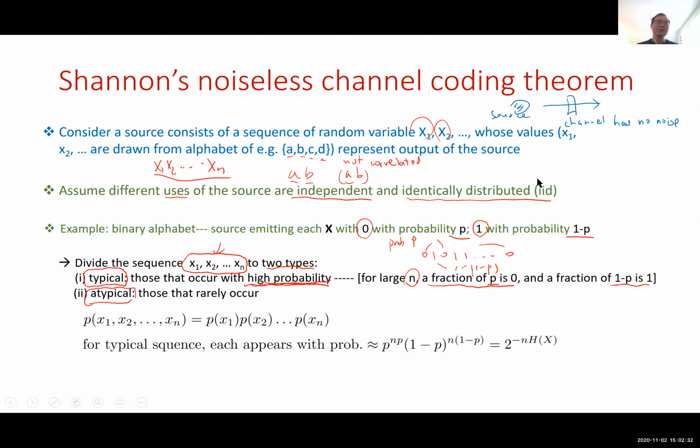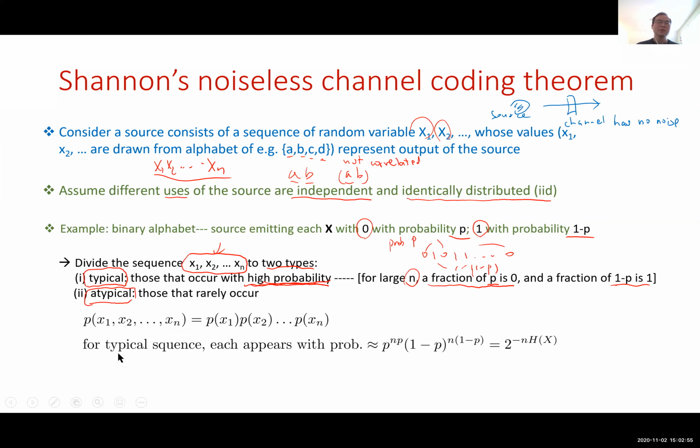So then you can ask, okay, the joint probability of a sequence x1, x2, xn appearing is, for x1 it appears with this probability, x2 with this probability, etc. It's really just a product because we're assuming independent and identically distributed.